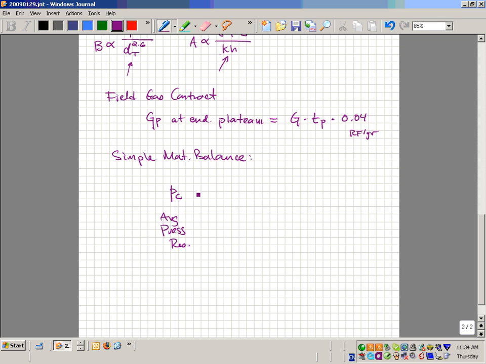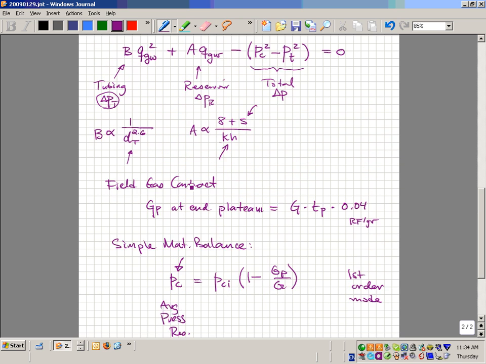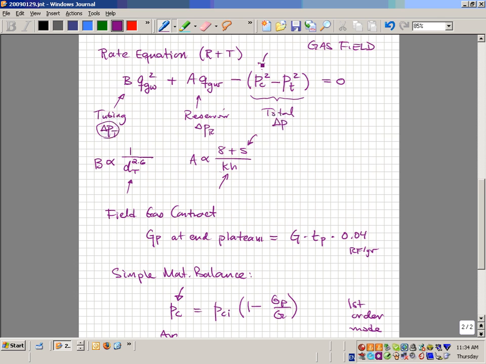That is equal to the initial pressure in that well times 1 minus GP over G. After you've produced half the gas out, you have half the pressure. This is a first order correct model for coming up with the average pressure, which is obviously a first order variable in this equation.